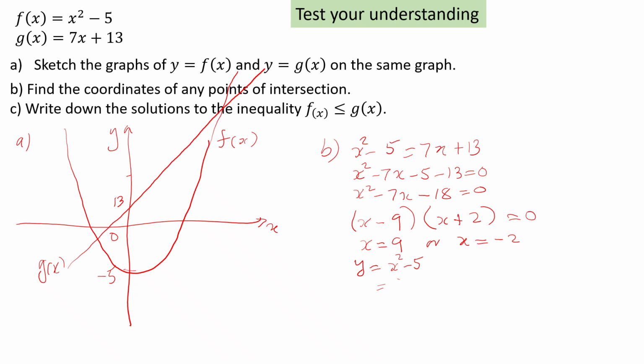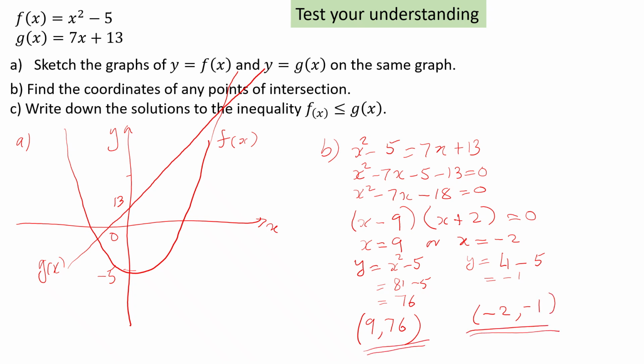So 9 squared is 81 minus 5, which is 76. So the coordinate is (9, 76). The other one, y equals x squared minus 5, with x equals minus 2: 4 minus 5, which is minus 1. The point is (-2, -1). These are the two points.